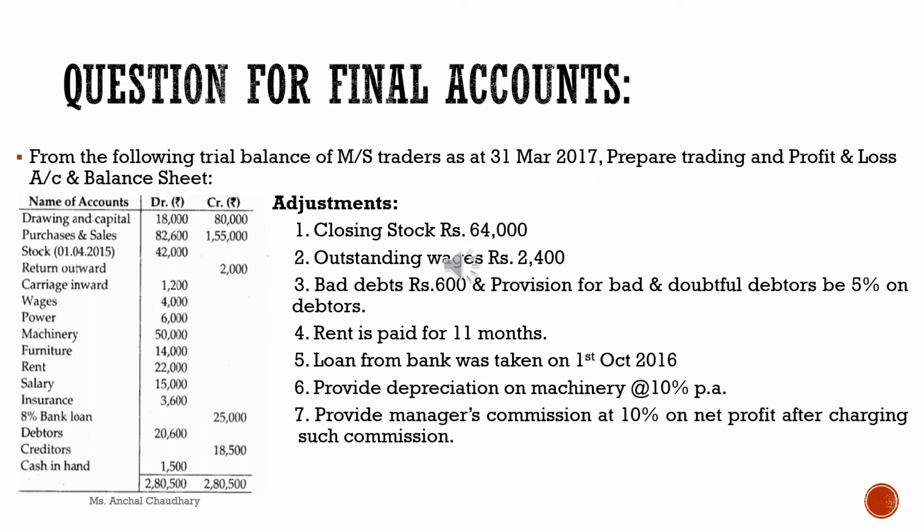So you have to follow a formula: manager's commission equals profit before charging such commission, into 10 upon 110. This will be the formula. Once you get the amount, you have to show it on the P&L debit side, and the same treatment you have to give in the balance sheet, where you show it on the liability side.